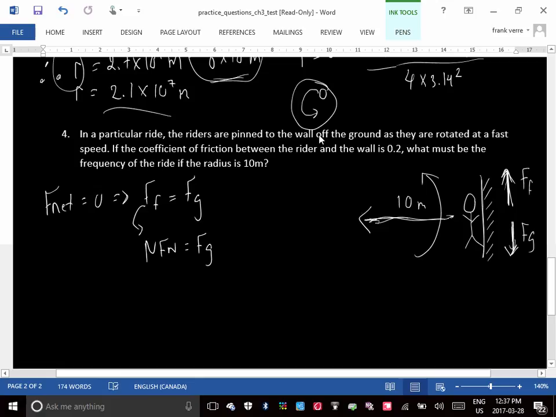Because of the force of the wall of the container, which is the normal force. So then the normal force is really the weight over mu. And that has to equal the centripetal force, which is mv squared over r.